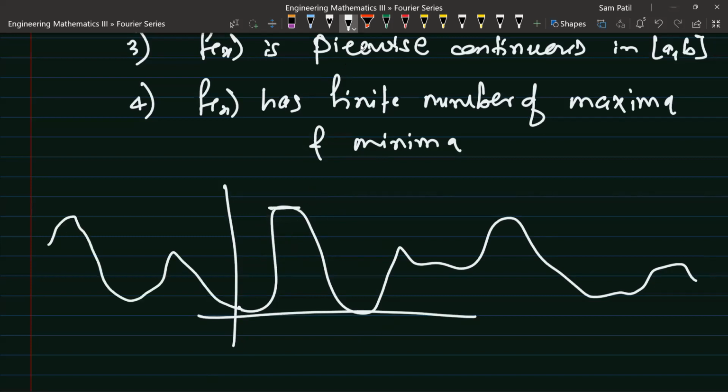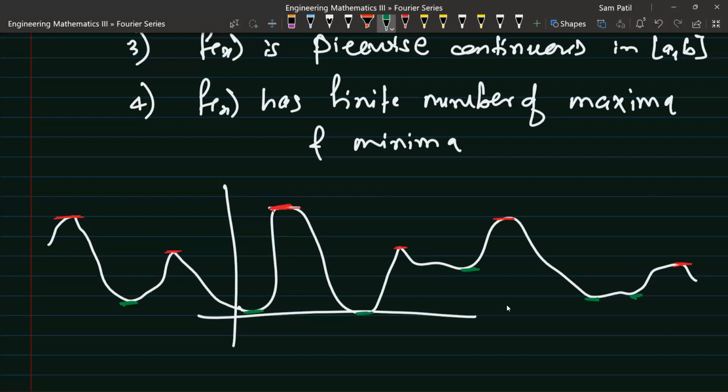Here, this one, this one, this one, this one. These are the maxima, the finite number of maxima, and these are the minima, minimum values. These are actually local minima and local maxima.